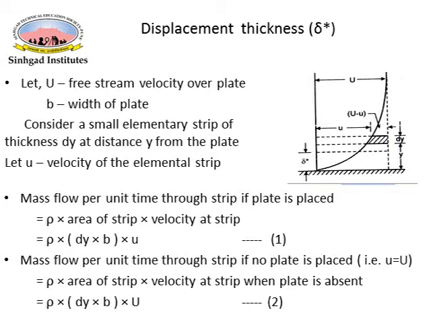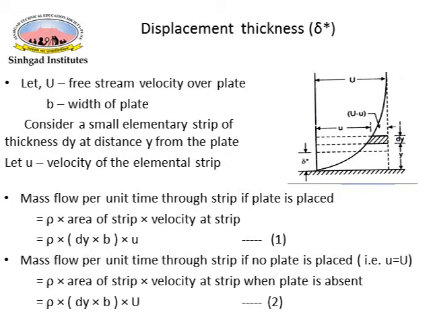Consider a small elemental strip of thickness dy at a distance y from the plate as shown in the figure. Let u be the velocity of the elemental strip. Mass flow per unit time through the strip if the plate is placed is equal to rho into area of the strip into velocity at strip, which is equal to rho into dy into b into u.